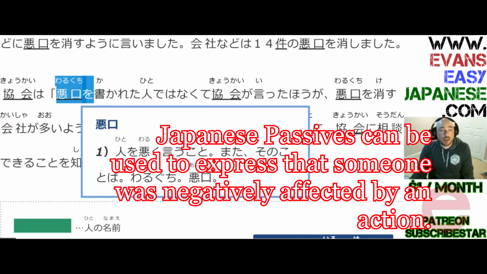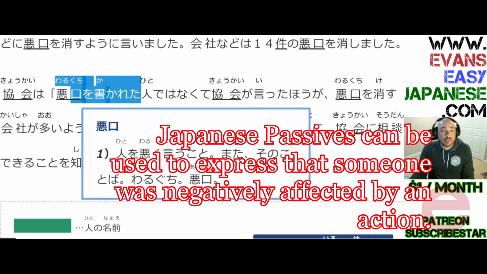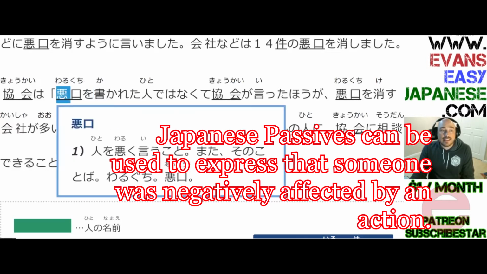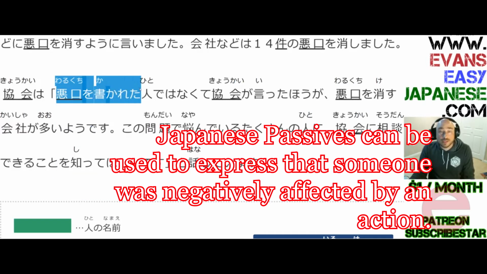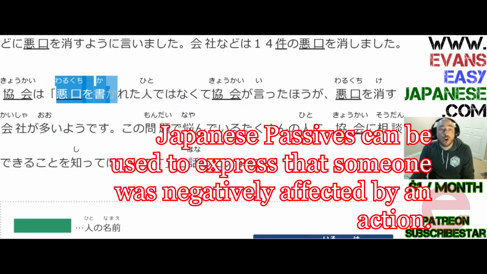But notice here we have waruguchi o, not ga, right? So somebody must have written the insult, because this isn't a subject marker. It isn't that the insults were written, because that would be a ga particle. This is waruguchi o kakareta.